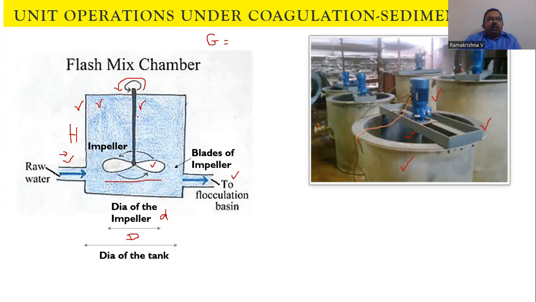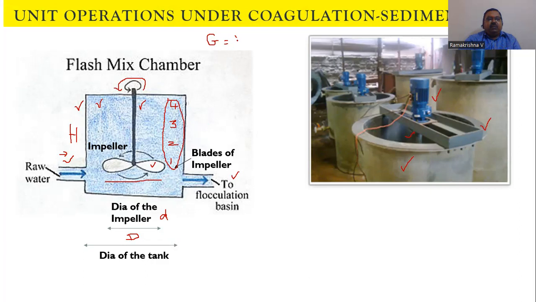When you're rotating this shaft with impeller in the tank, because of the sweeping area of the blades, the higher velocity will be imparted at the tip or near the blades, and slightly lesser velocity is imparted slightly above, and going higher, marginally lesser velocities are there at different points. What we are saying is the average velocity in the entire depth of the tank we are going to consider.